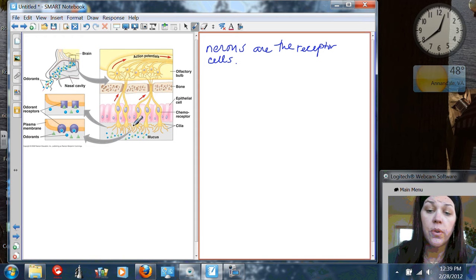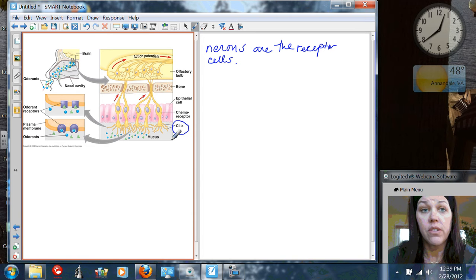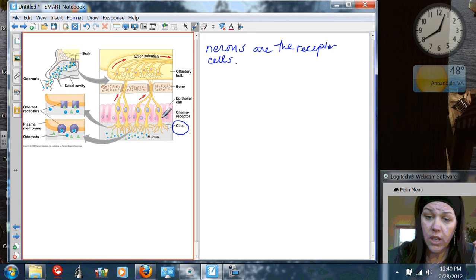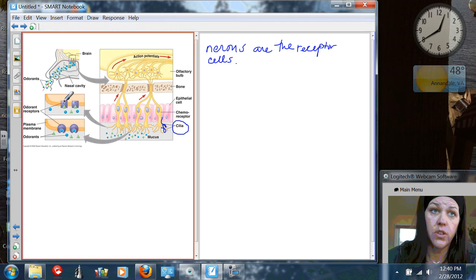Now remember, says here it has cilia. Remember the definition of cilia. These are projections of the actual cytoplasm, they're not hairs. So they are continuous, they're not like attached. So this cilia here, zooming in, has the receptor molecules.